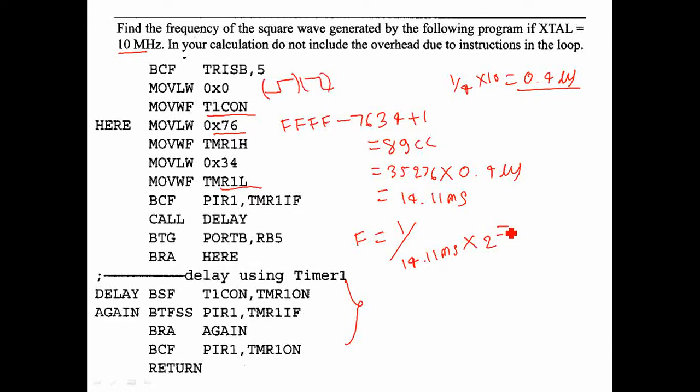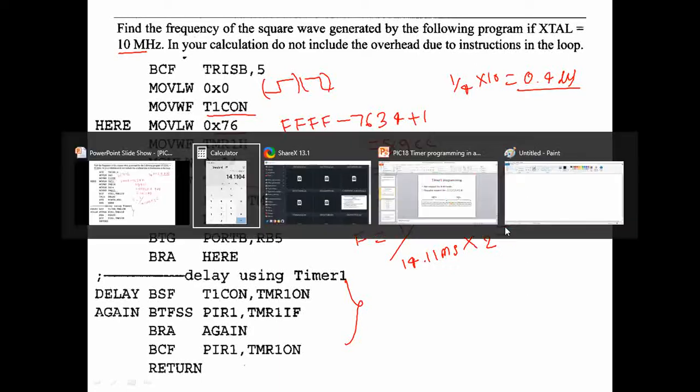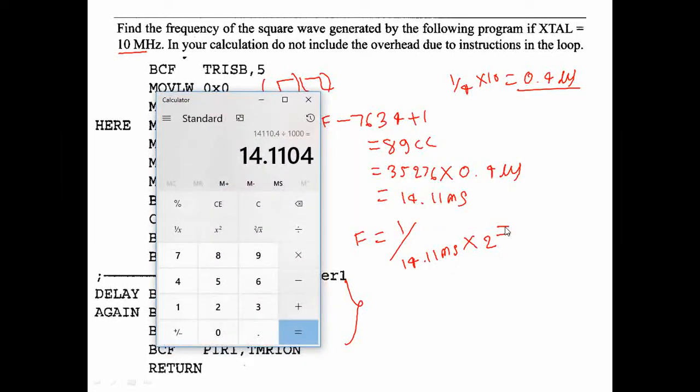If you multiply this by 2 in the calculator, you get 28.22 milliseconds, and if you take the inverse of this, we have 0.035 kilohertz, and if you multiply by 1,000, we have 35.43 hertz.